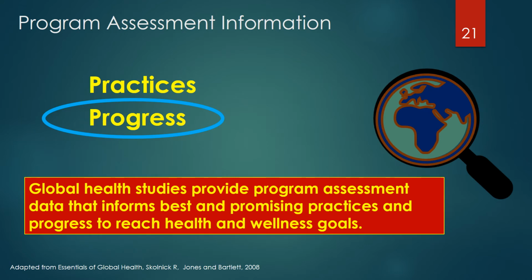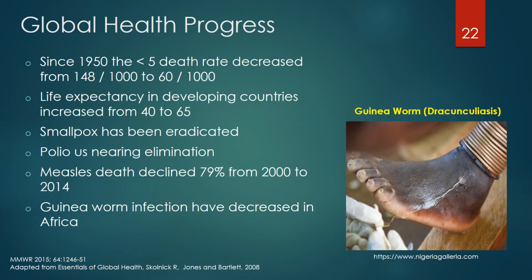Let's now consider some information about global health program progress. Significant progress has been made to improve global human health over the past 50 years. Since 1950, the death rate of children under 5 years old has fallen from 148 deaths per 1,000 to 60 per 1,000.